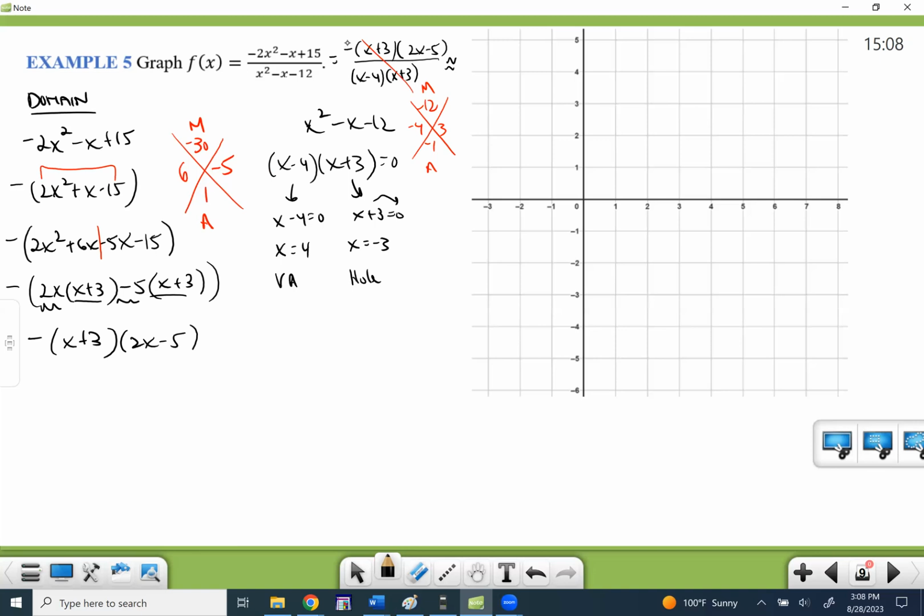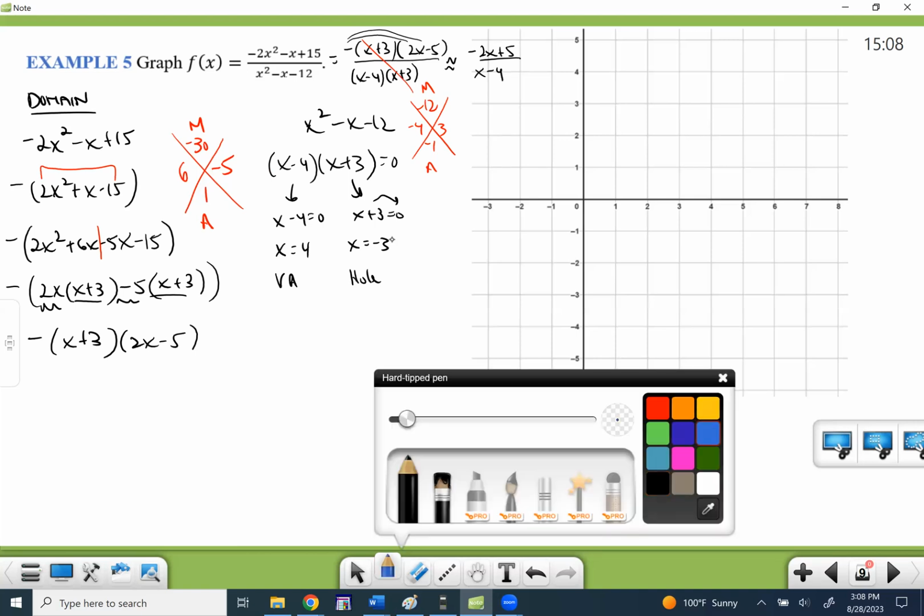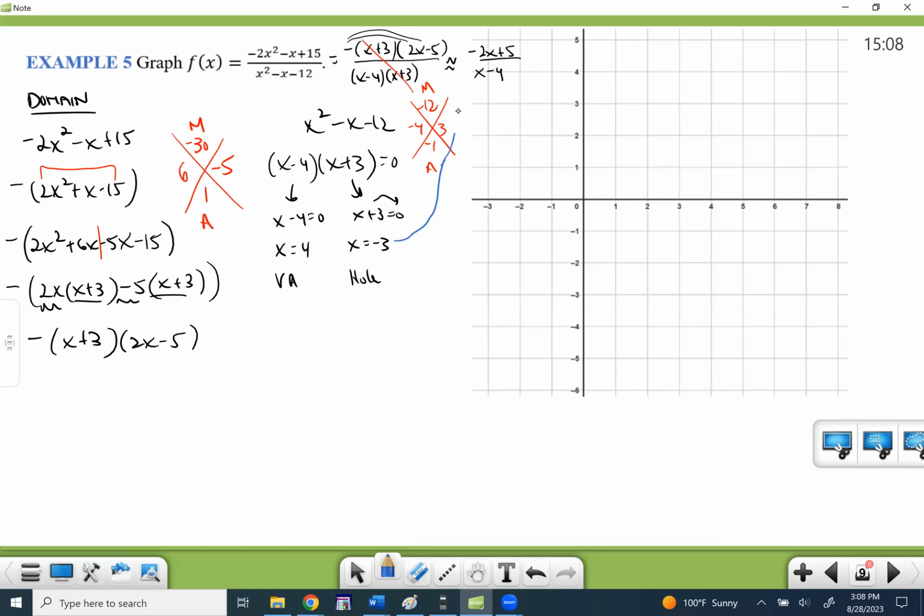Let's just take this negative and distribute it in, so I don't have to write that. So this is going to be negative 2x plus 5 over x minus 4. These aren't equivalent. They're off by one point, the hole. So I'll put that little approximately sign. We have to take the value x equals negative 3 and substitute it in here and here to figure out where the hole is.